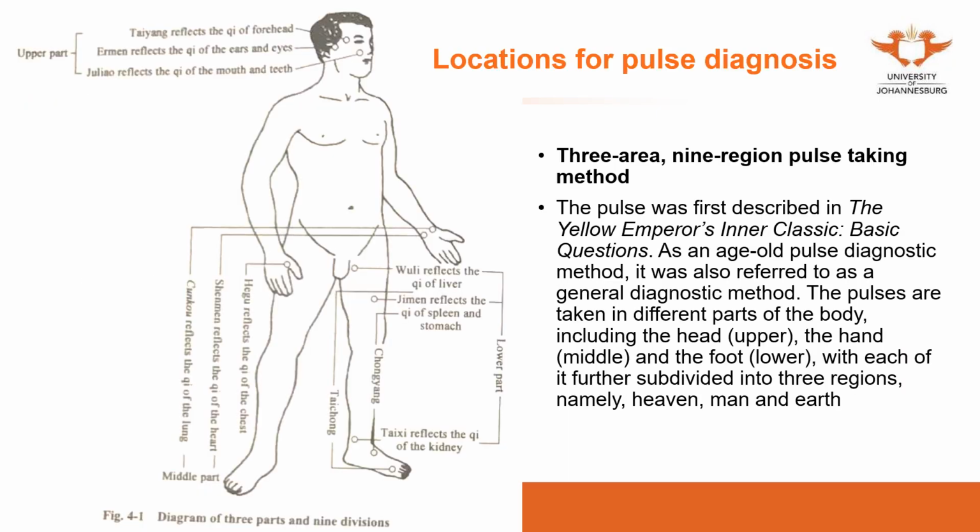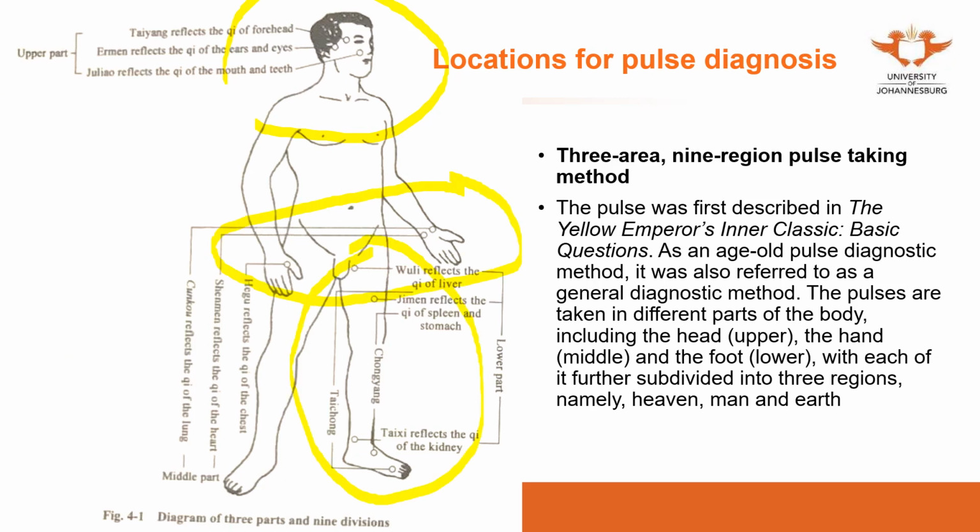So where to feel the pulse? The three-area nine-region, or nine divisions, pulse taking. This method was introduced in the Yellow Emperor's Inner Classic. We have introduced that we can find three areas, one in the head, one on your hand, one in the legs.